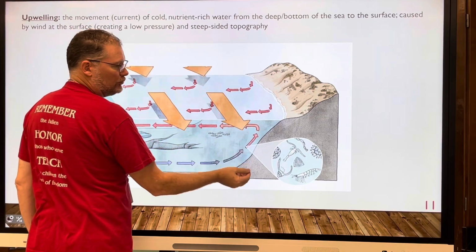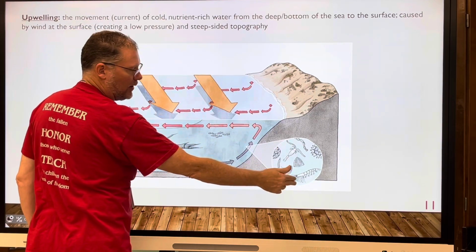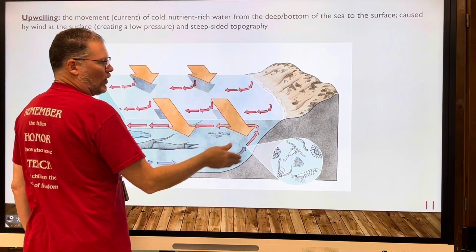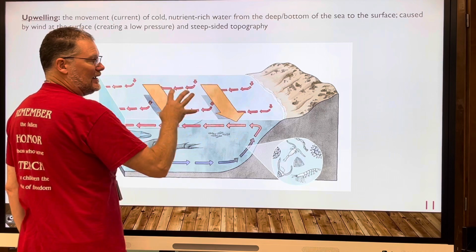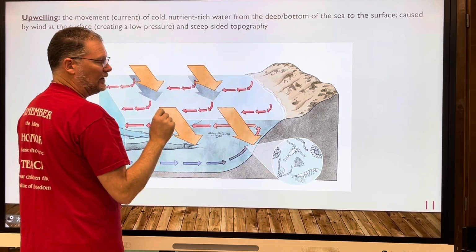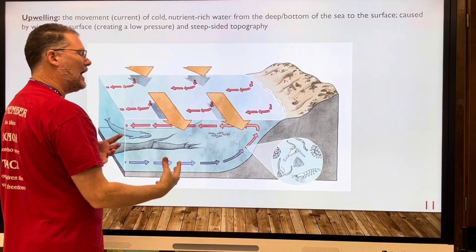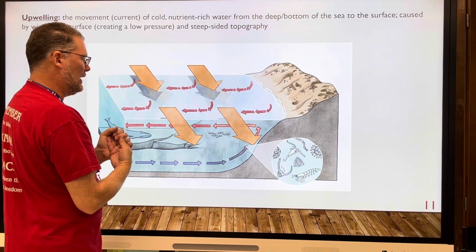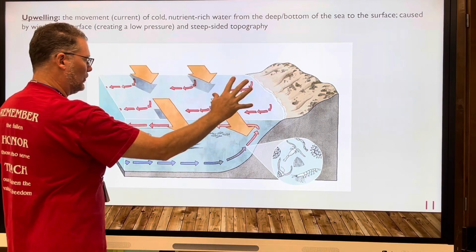Now these nutrients, these are copepods and microscopic organisms that ride this current, are going to feed fish, which in turn feed people. So upwelling is a good natural effect when it happens because the populations explode and there's more food for everybody, the fish and people.